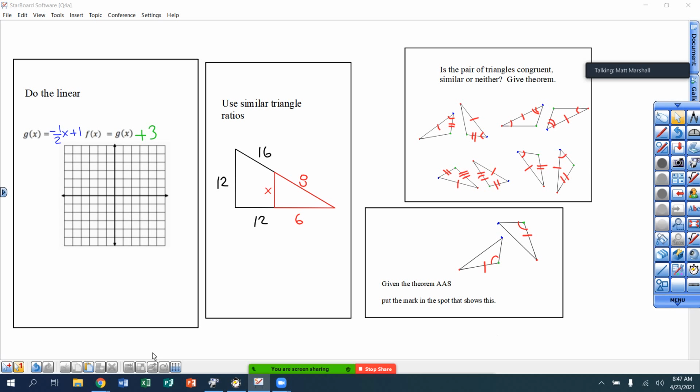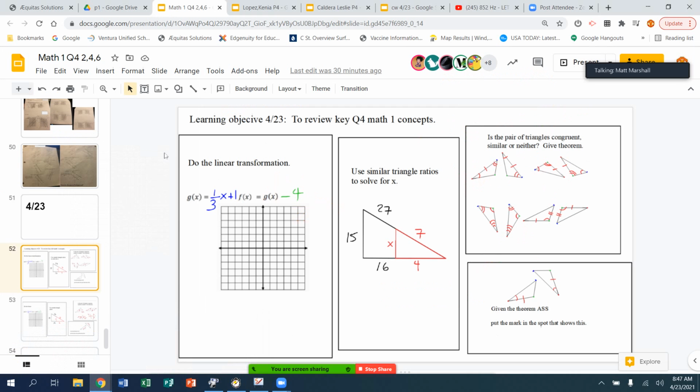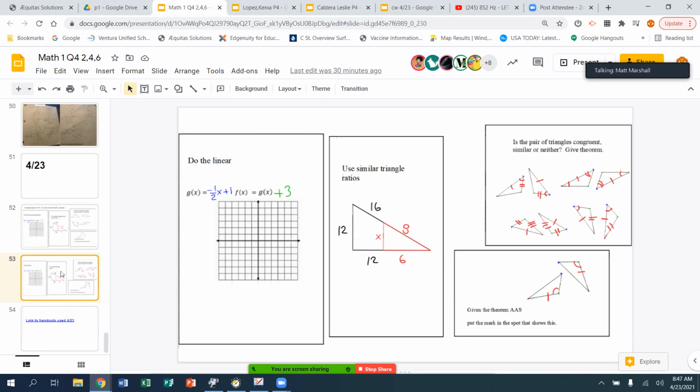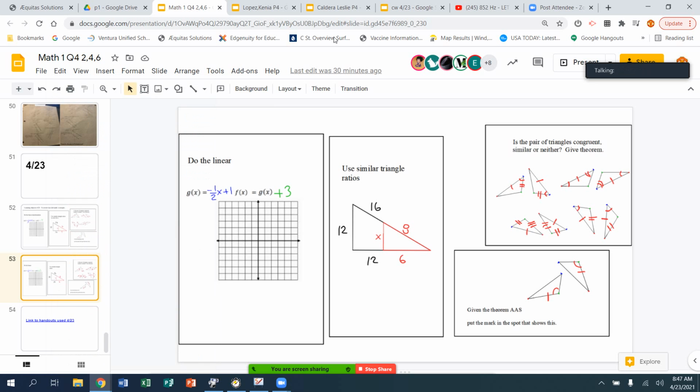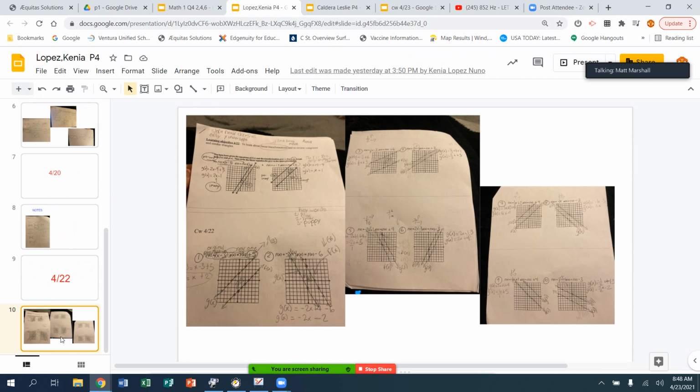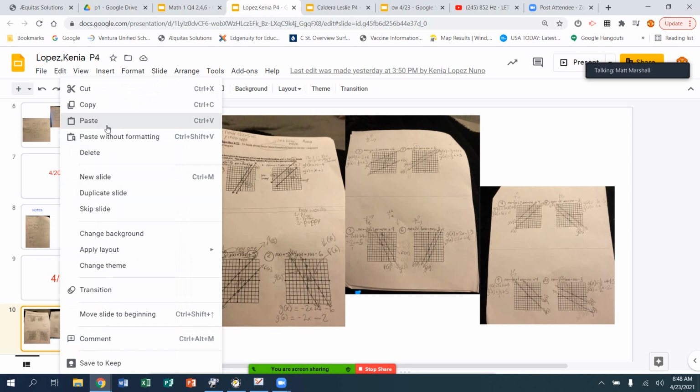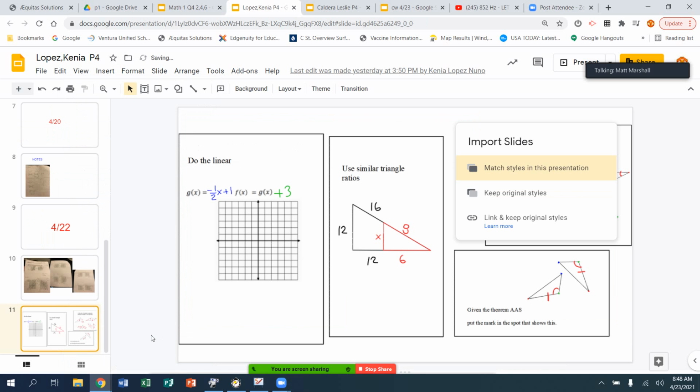If you're in class, they all have their devices, or they're using my computers. Those of you at home, I want you to go to slide 53. That's the one you're going to click on, and then right-click copy, and then go to your slide and right-click paste. That's how you get it on your slide.